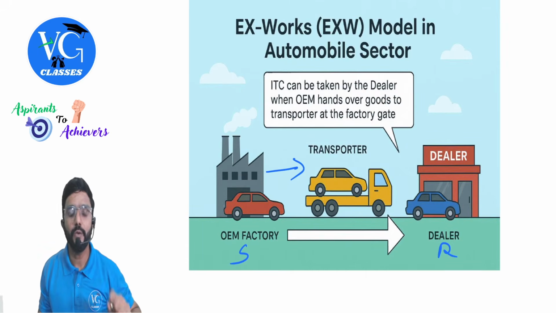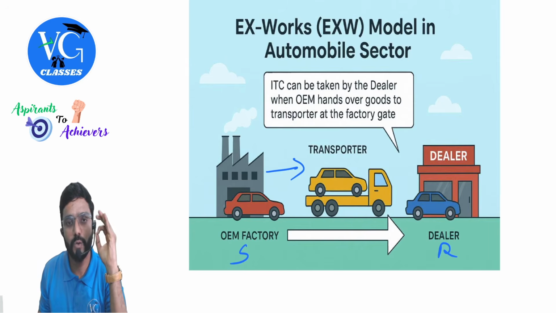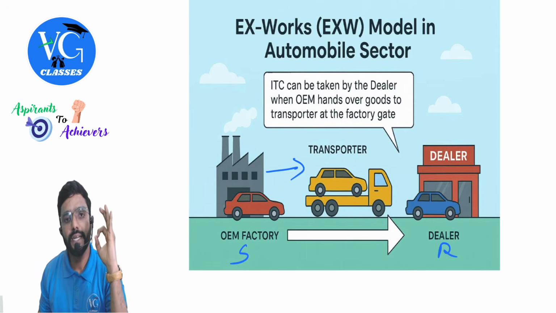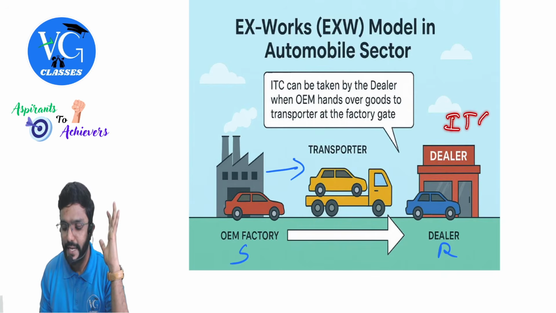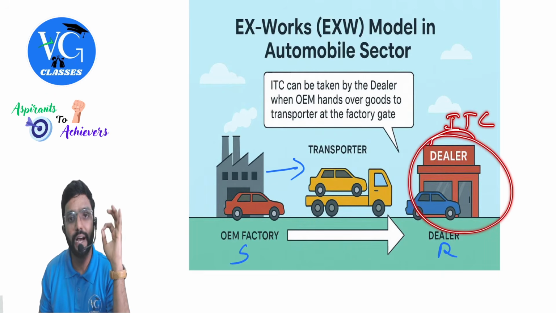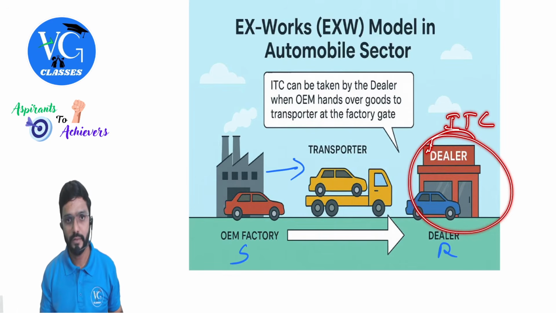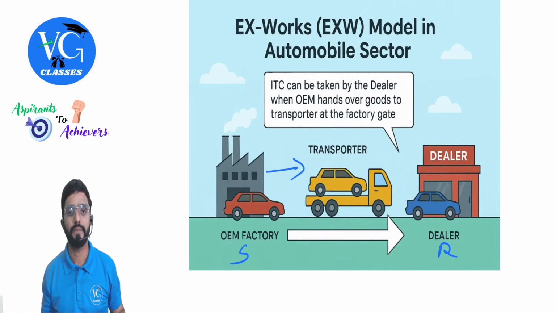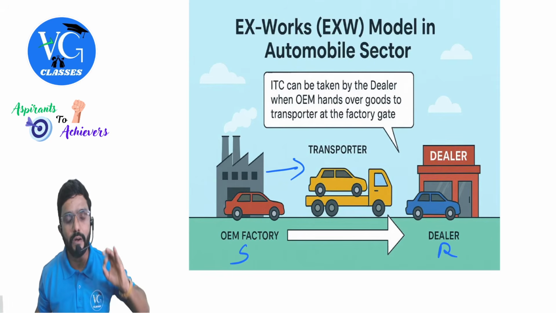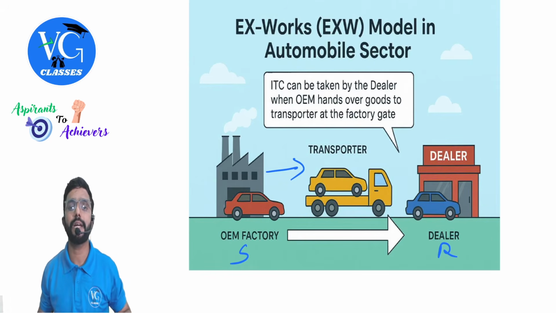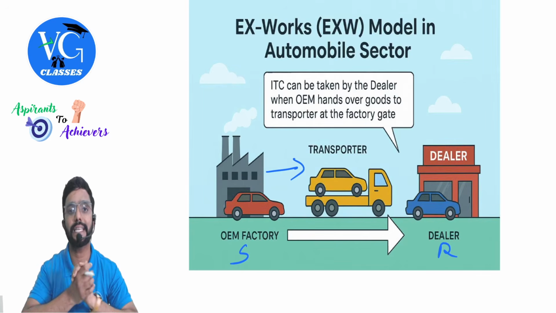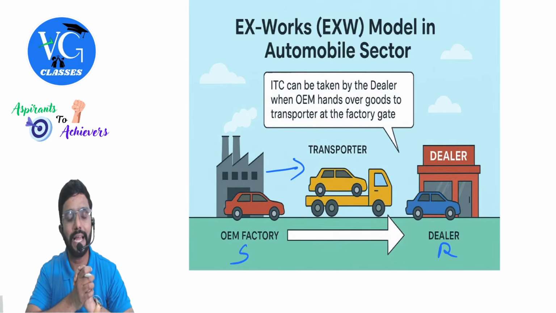Now the question was, guys, listen: when can the dealer claim input tax credit? Is it when the goods or vehicles are delivered to him or when they are handed over to the transporter? Guys, when the vehicle or goods are handed over to the transporter itself, the dealer is eligible to claim input tax credit.